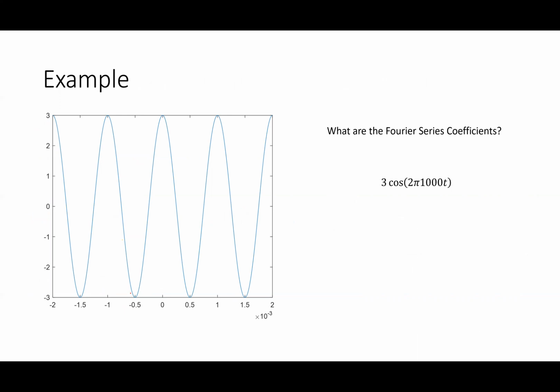So if I gave you this waveform right here, 3 cosine 2 pi 1000 t. We're going to do a couple of different waveforms here. I'm going to say this guy, and then 3 sine 2 pi 1000 t, and then 3 cosine 2 pi 2000 t, and try to figure out the coefficient, the first value a sub 1 in each of those series.